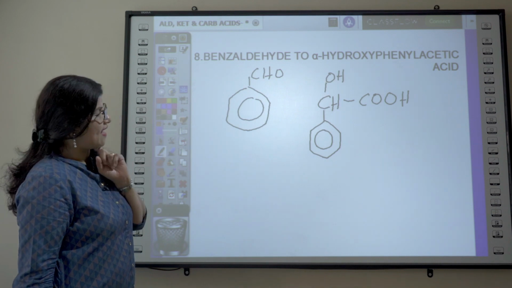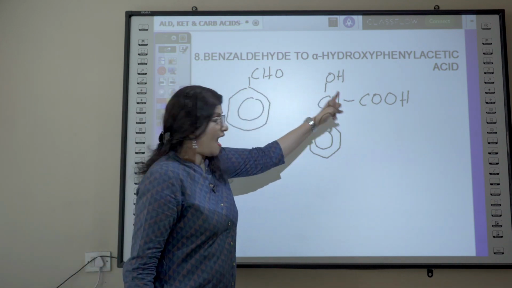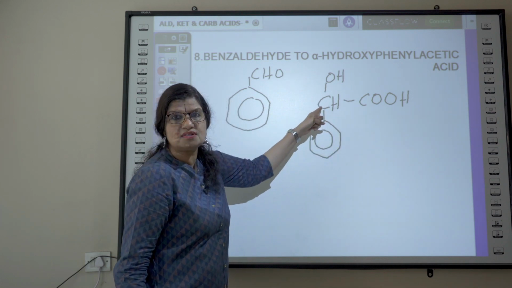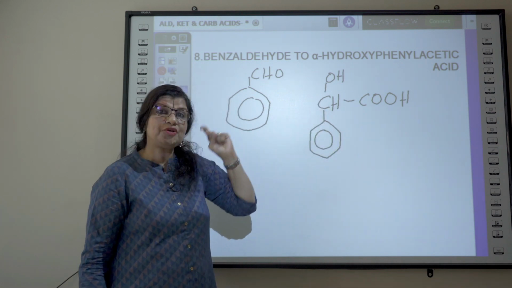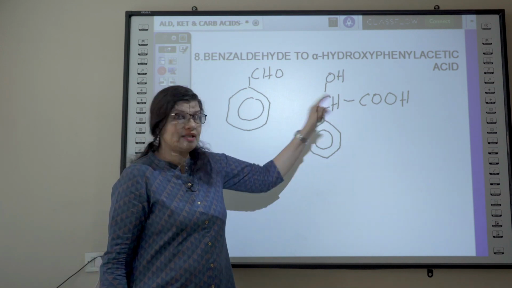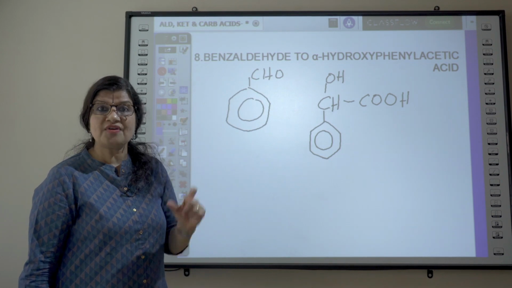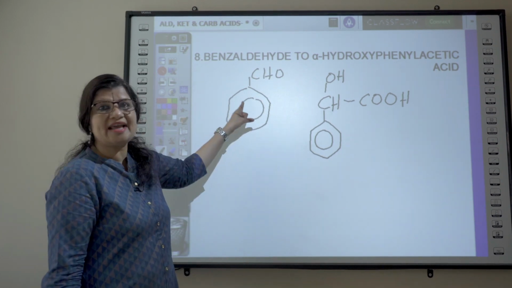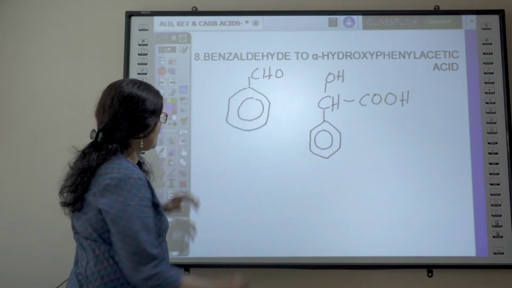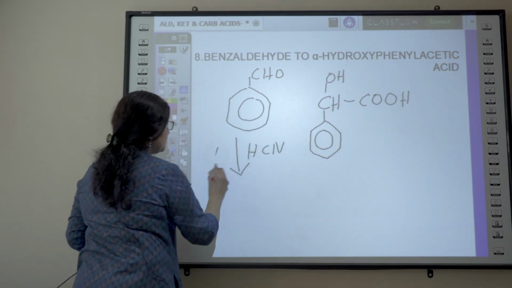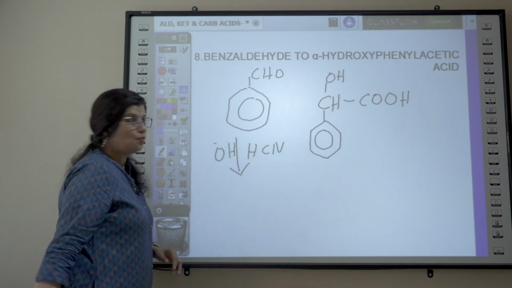So now you notice that there is an OH and a COOH on this carbon atom. So what can you think about? You can think about nucleophilic addition reaction of hydrogen cyanide with the aldehyde. So if you subject benzaldehyde to reaction with hydrogen cyanide in the presence of an alkali, what do you get?